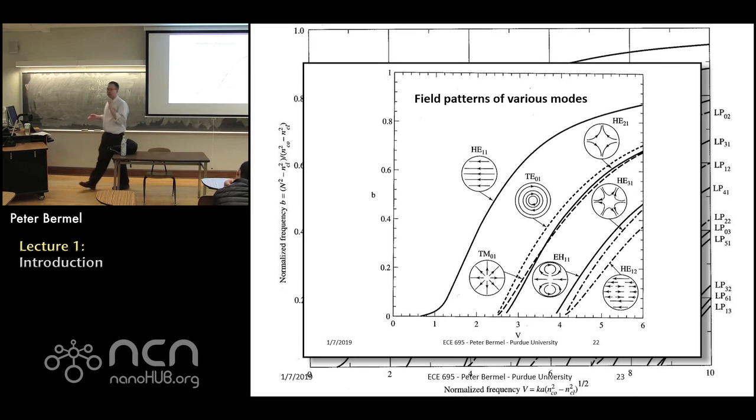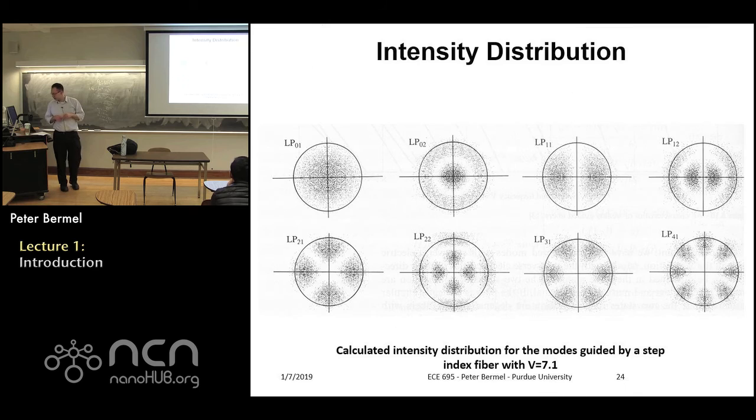We'll see later in the class that this so-called polarization degeneracy is actually very useful, because now we can use not only the individual modes in communication, but also their polarization. There's a whole method of communication based around exploiting the difference in polarization of otherwise identical modes.